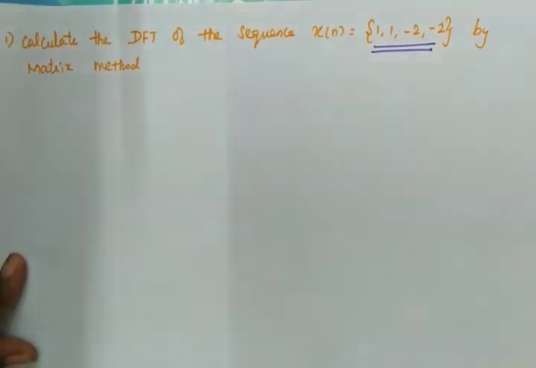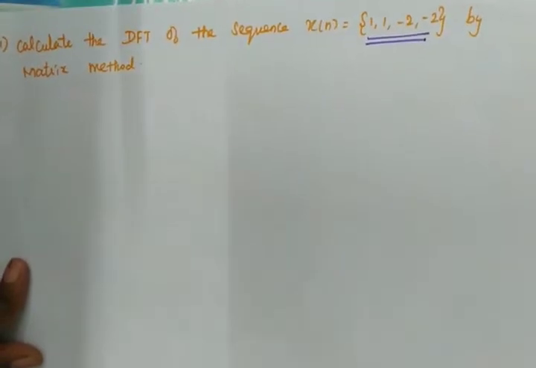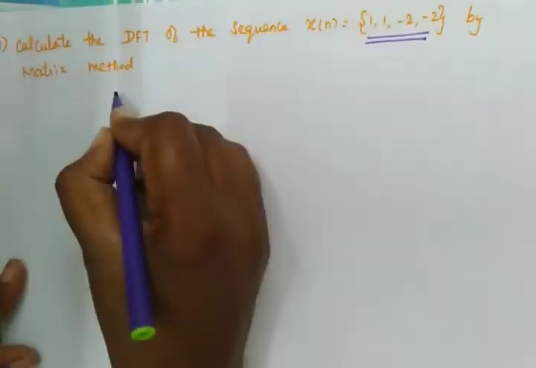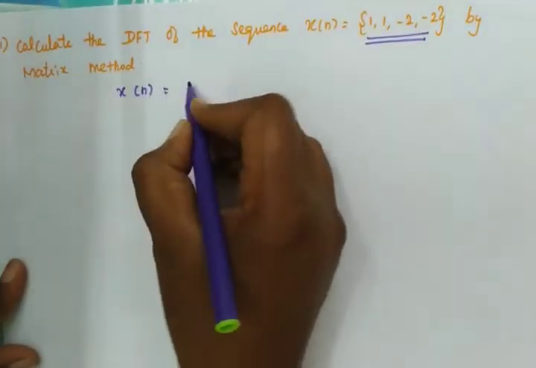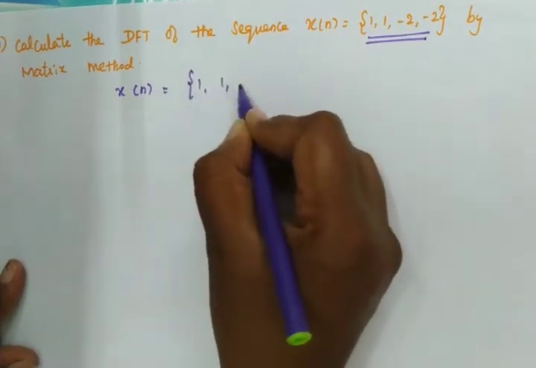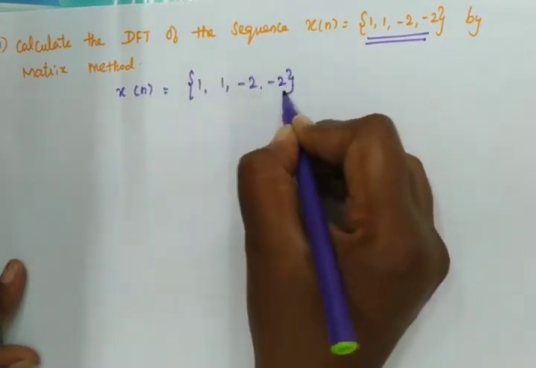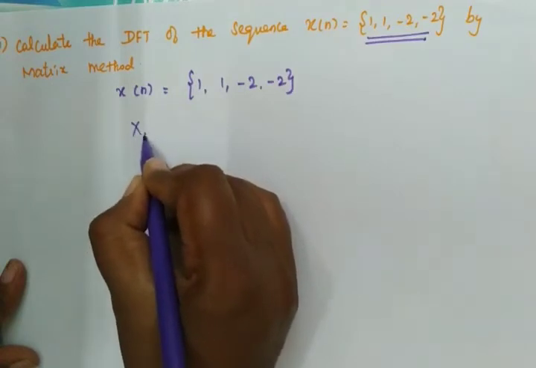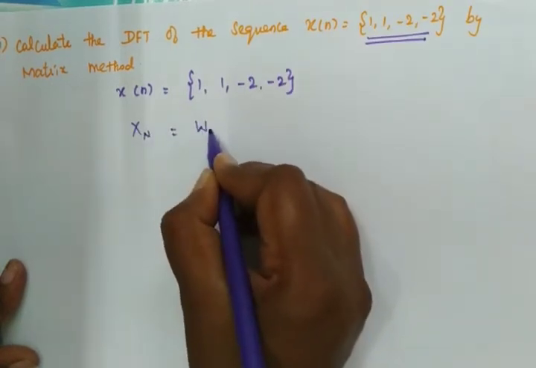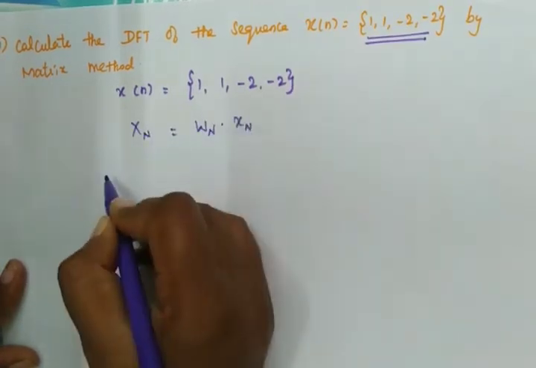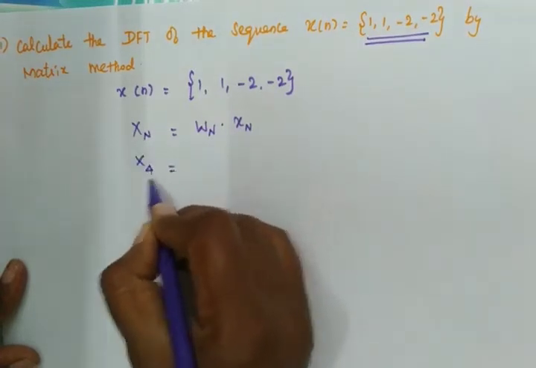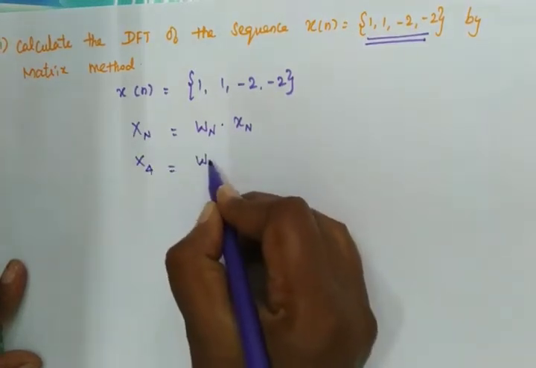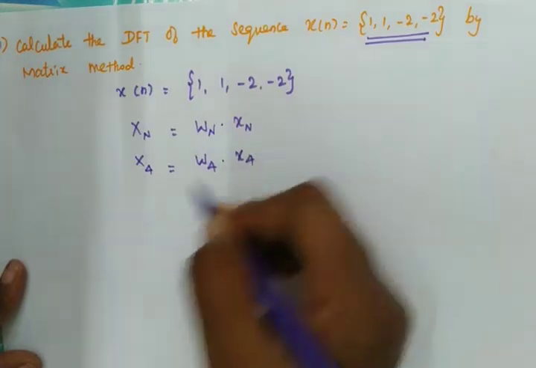Now for solving this by matrix method, we know the question is given as x of n equal to 1, 1, minus 2, minus 2, and we know that X of k is equal to Wn into x of n. Because it is 4-point DFT, X4 is equal to W4 into x4, the sequence.